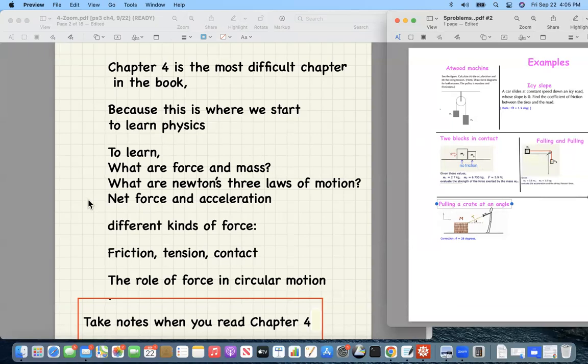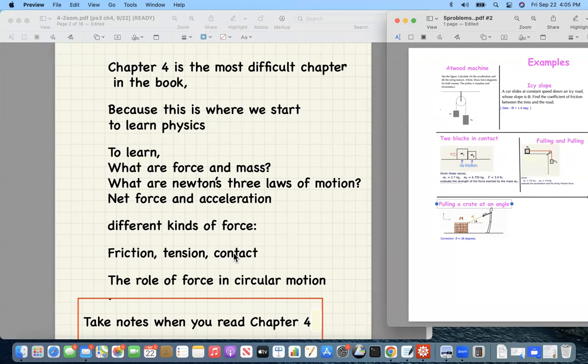Now, in chapter 4, there's a section that describes several different kinds of force. For example, friction, contact between objects. When objects are in contact, they exert forces on each other.